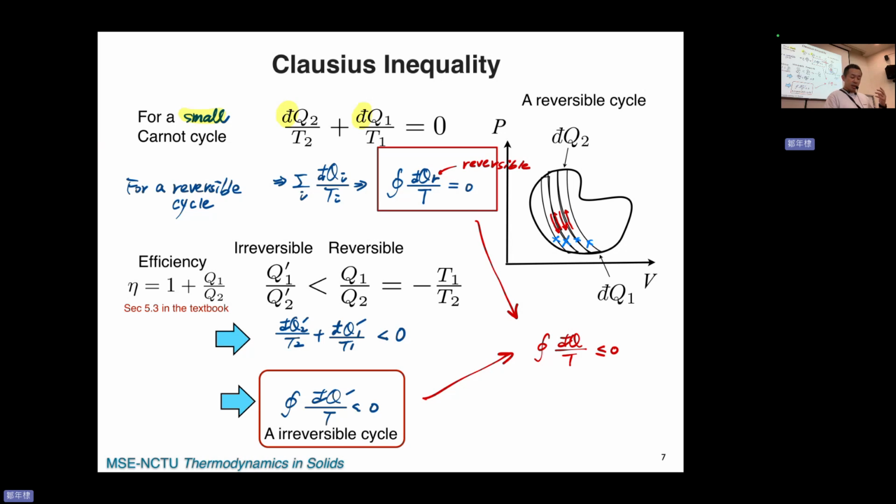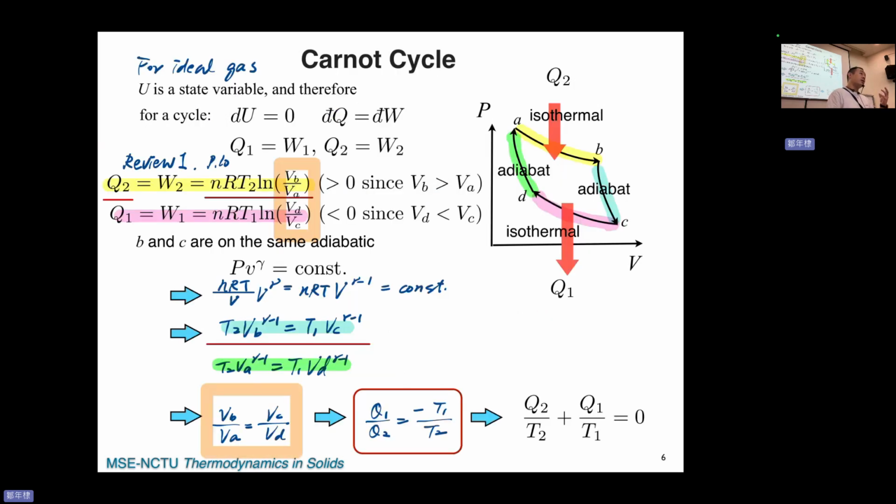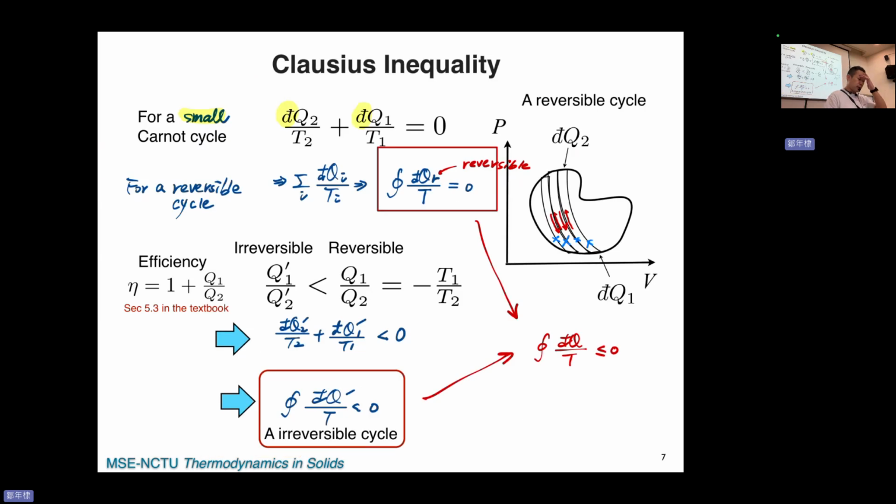Because the Carnot cycle is an ideal process, the equality becomes δQ2 over T2 plus δQ1 over T1 equals 0. If the process becomes realistic, it becomes less efficient, so you will have less than or equal to 0.